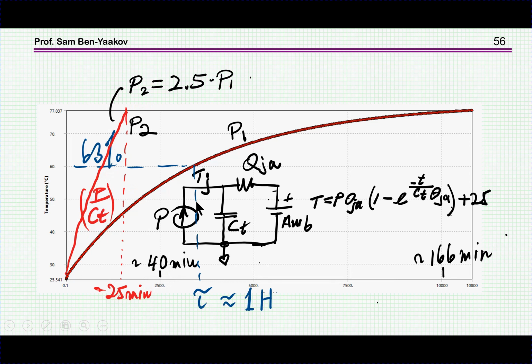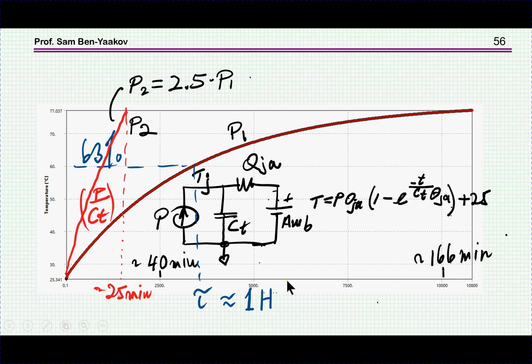Now, this would mean that this system, for steady state, would be able to handle this amount of power at P1, but for a short period of time, the system will be able to handle much higher power. So suppose there is a pulse of, say, 1 minute, then the power that can be handled will be much larger.